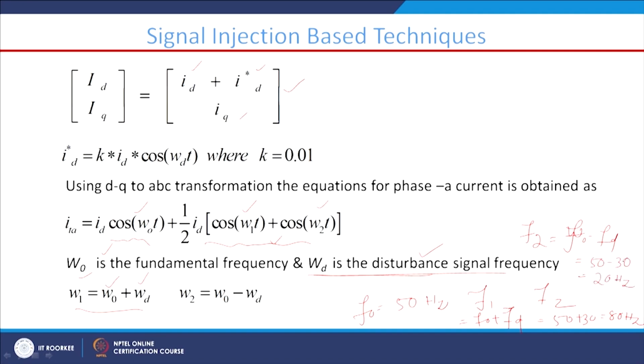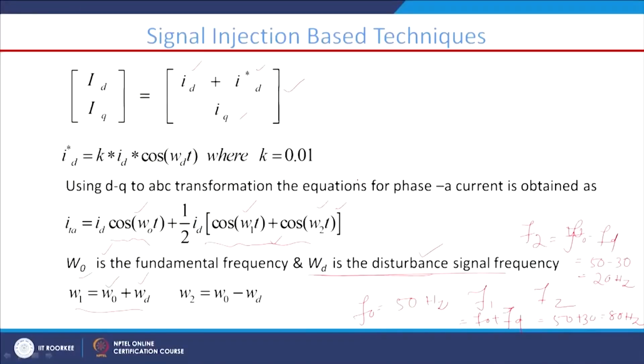That means the range is within 80 hertz to 20 hertz. The frequency of the second component of the instantaneous phase A current lies between these two. So a lot of exercises can be done, and many parameters or quantities we can take and analyze to determine whether there is islanding or not.